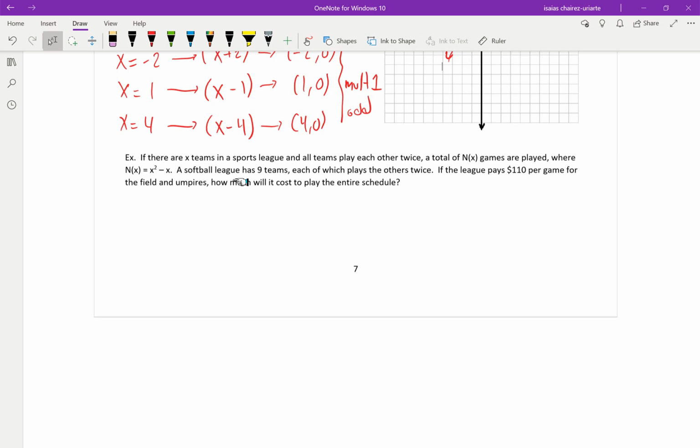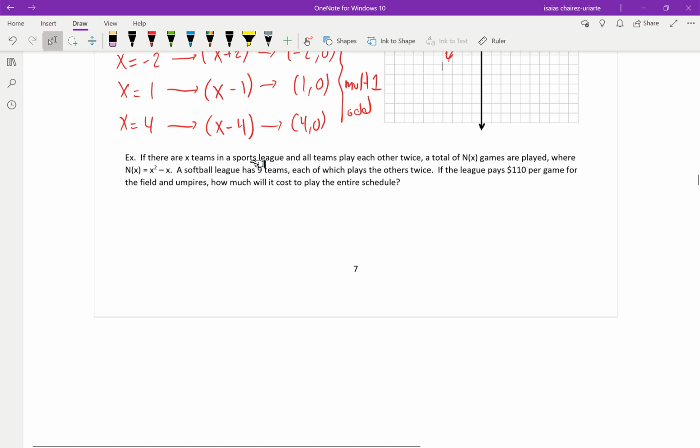All right, so let's see. n of x represents the total games played, and x represents the number of teams. So the more teams, the more games played. The fewer teams, I would suppose the fewer games played. Right now my x is 9.